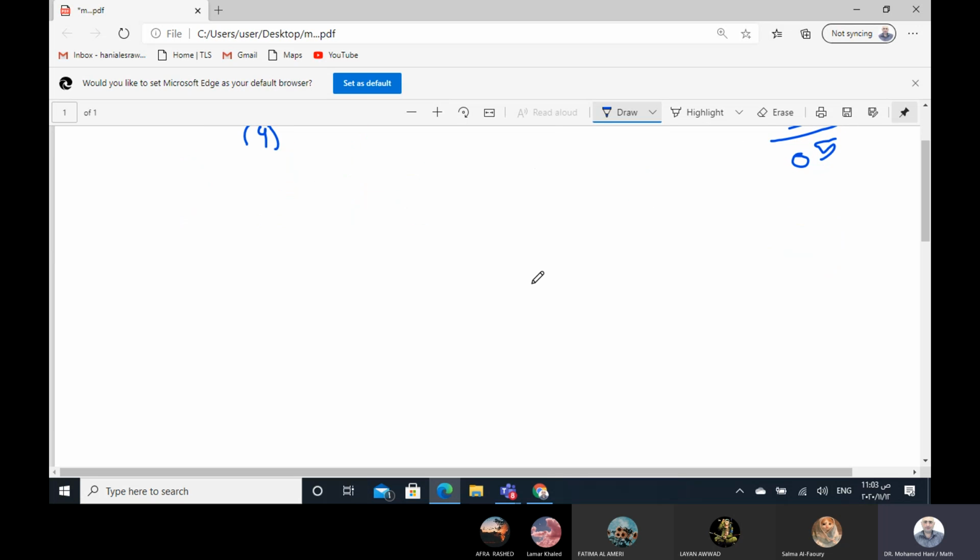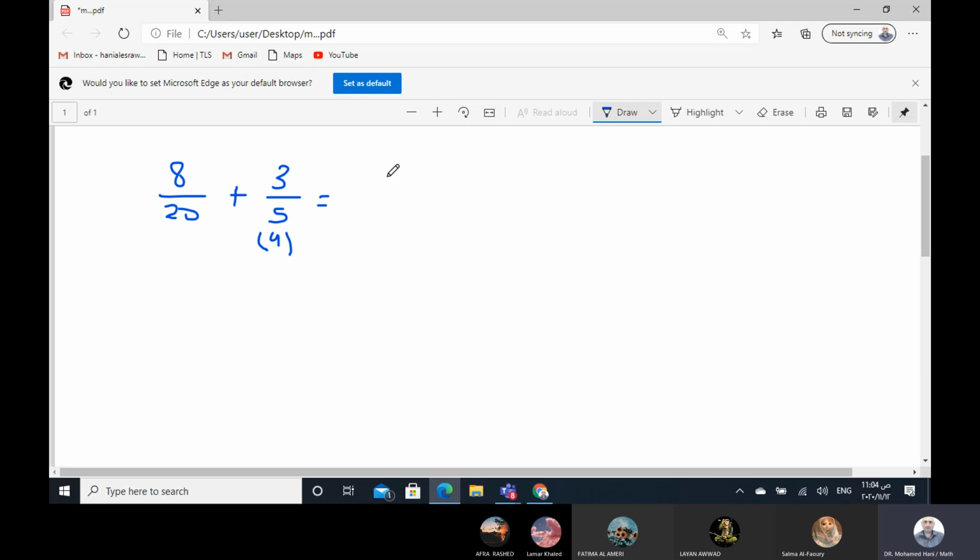And the second example, suppose we have here 8 over 20 plus 3 over 5. The same idea, here we have unlike fractions, so we cannot add directly because we have different denominators. So you can multiply by 4 here.